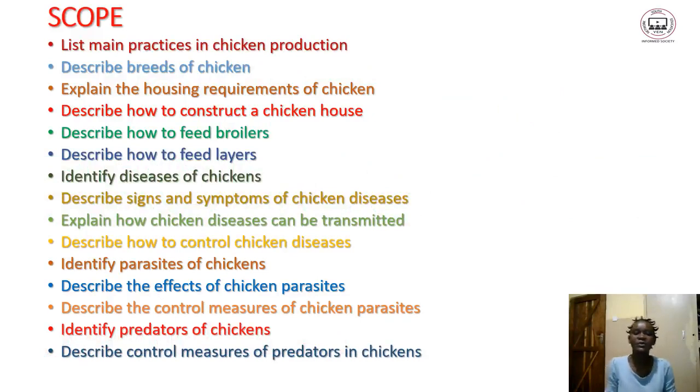So under this topic, of course, it is a long topic. So in order for us not to lose track, here is the scope, what we're going to discuss under this topic. The first thing which we're going to discuss is on the main practices involved in chicken production.